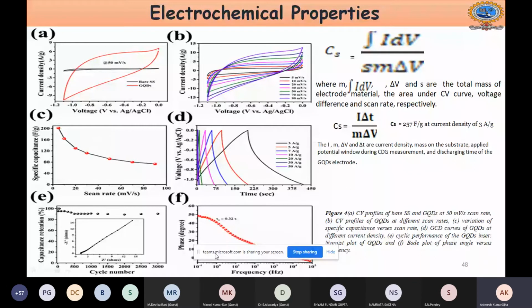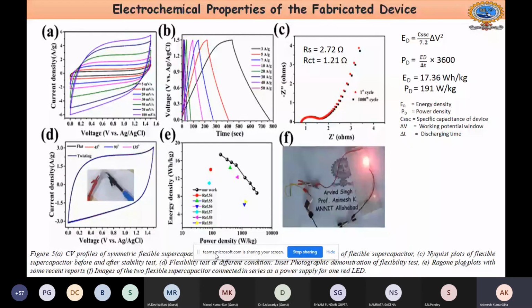Based on this electrode material, we designed a flexible device, and the electrochemical behavior of this device is also characterized using electrochemical measurements. The first shows the CV curve at different scan rates, and B shows the GCD curve, and both represent the EDLC type feature of this device.